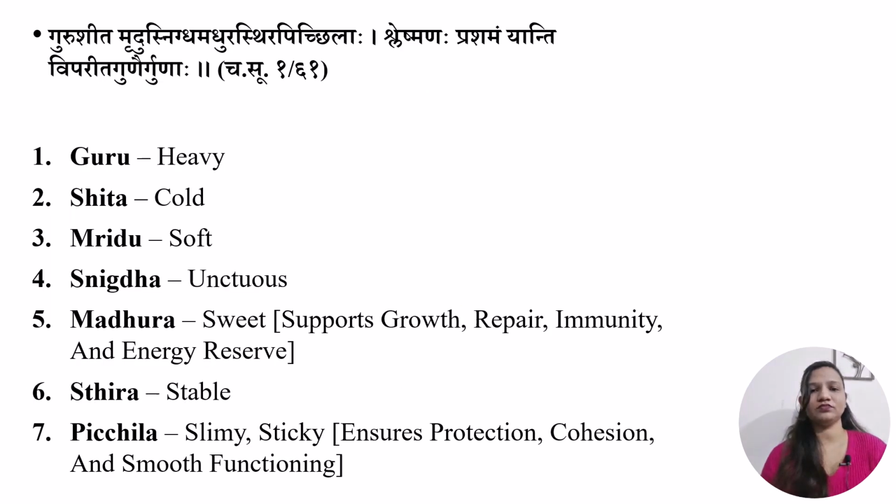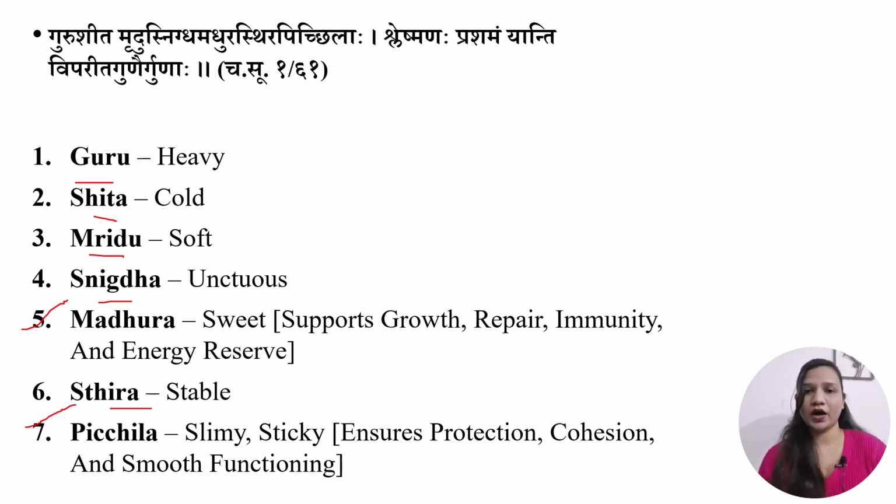Moving on, now two different gunas which are mentioned by Acharya Charak in Charak Sutra Sthan of Charak Samhita are Madhur and Picchil. All the other gunas, which are Guru, Sheet, Mridu meaning soft, Snigdha meaning unctuous or oily, Sthira meaning stable, we have already discussed in the previous slide.